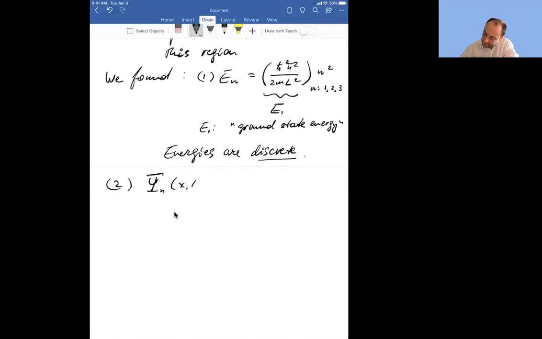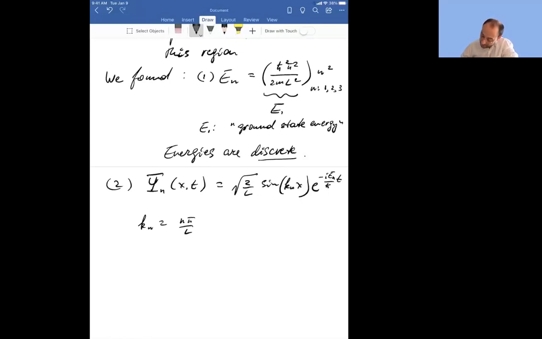It's a function of x and t, and it's given by the square root of 2 over L, sine k sub n x, e to the minus i E sub n over h bar t, where k sub n is given by n pi over L, and E sub n I just stated, and that's the wave function.